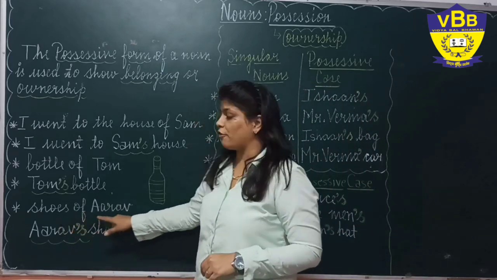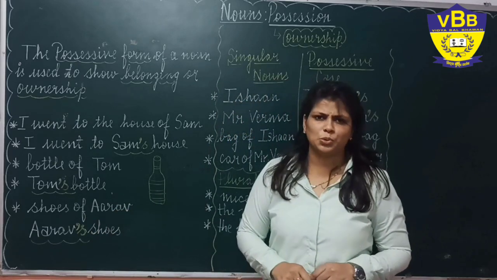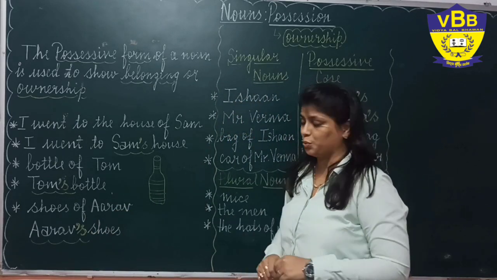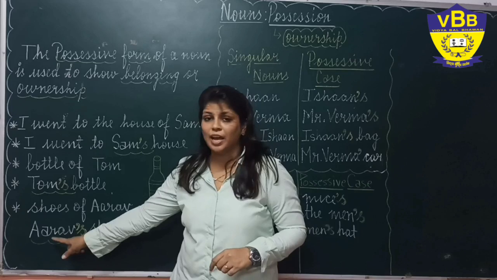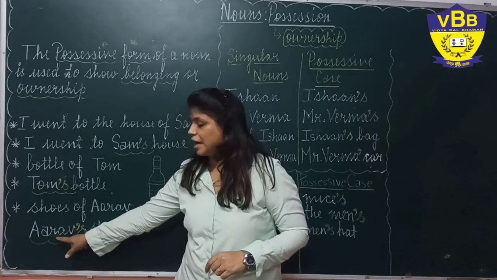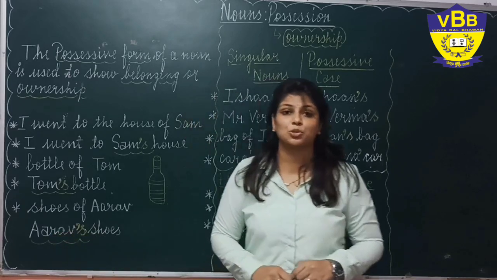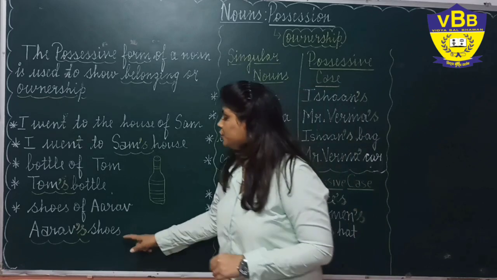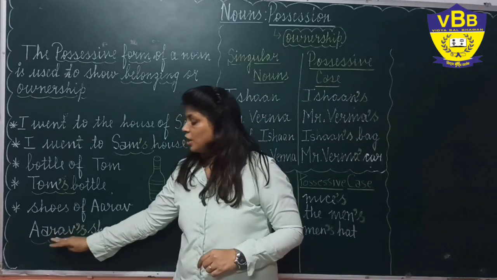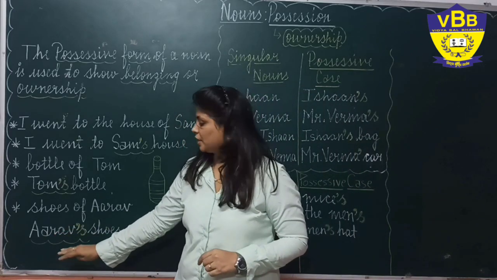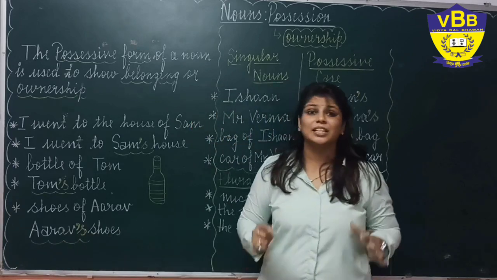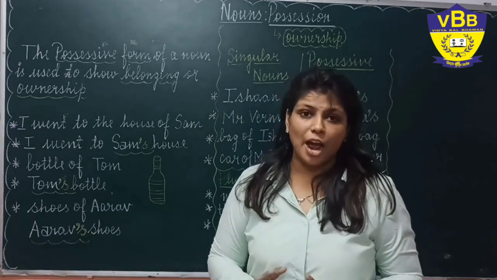Then, shoes of Arab. Whose shoes are they? They are Arab's shoes. Yes? So again, after the noun Arab, I have added apostrophe S. So, Arab's shoes. From this possessive case, you can make out that Arab's shoes means the shoes belong to Arab.